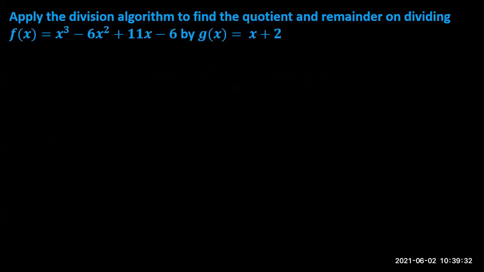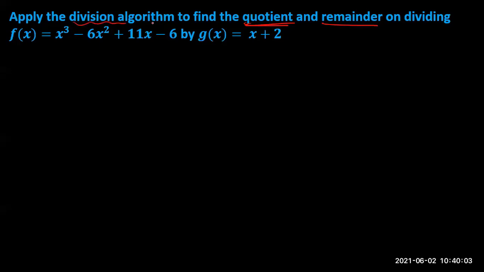Means without doing division, we need to find the quotient and remainder. In exercise 2.3, first main, we did it with the help of division, but now we need to find them without doing division.